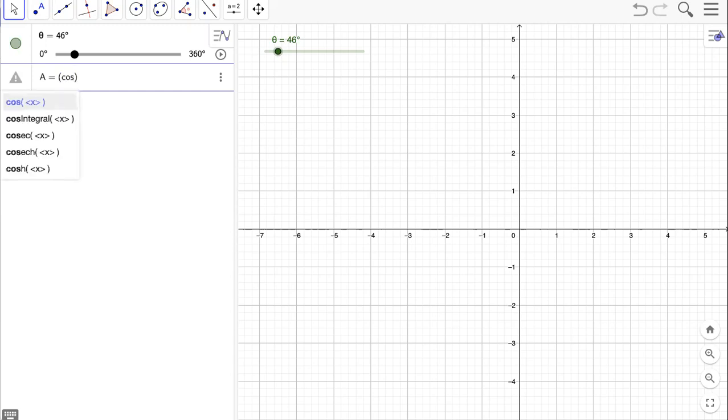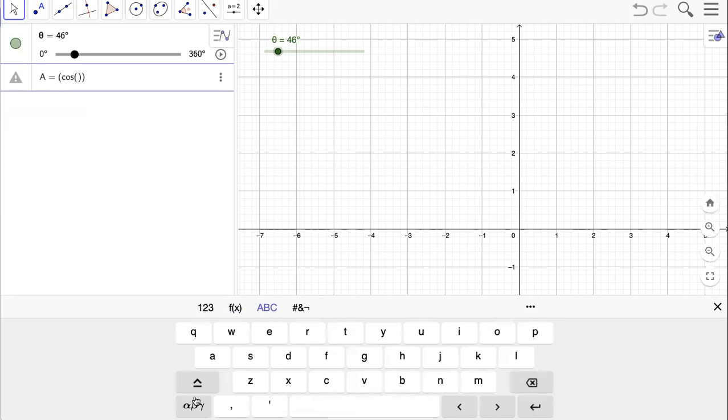The coordinates are cosine theta, and go to the keyboard to find theta again. So this is theta. All right, you see that? You don't have to press degree because theta is already expressed as an angle in degrees. Okay, so just write down cosine theta, and then comma, and then you can continue to press sine theta. Use the keyboard again, theta here, right? Then you will have a point somewhere here.